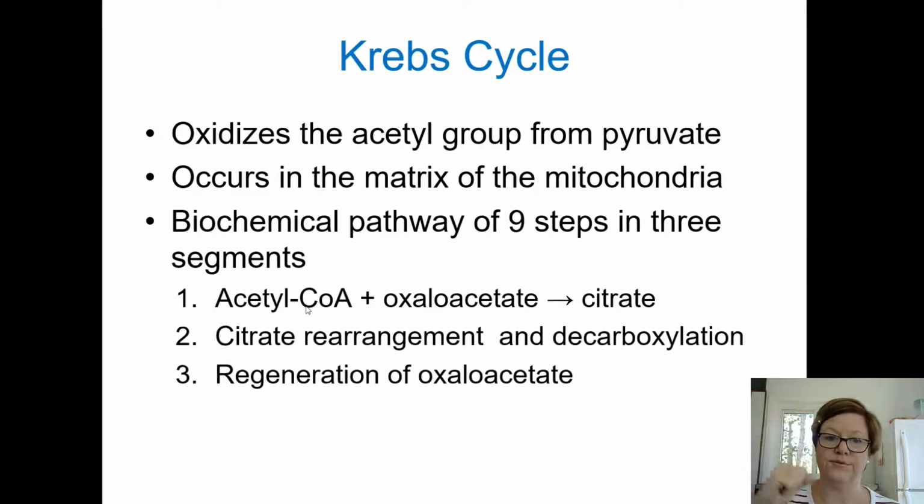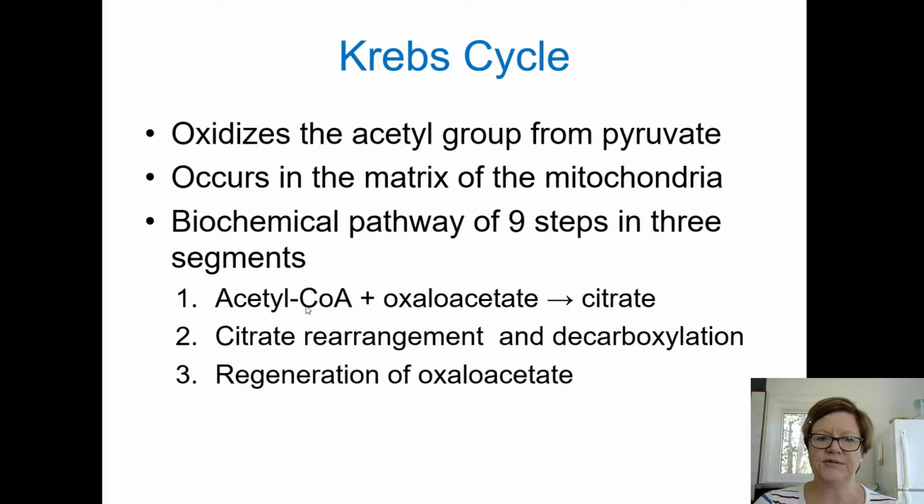Oxaloacetate has 4 carbons. So those two things are joined together by a covalent bond, and that becomes a 6-carbon molecule called citrate or citric acid. So that's the first step. The Krebs cycle is sometimes called the citric acid cycle, sometimes called the TCA cycle, but there's different names for it.